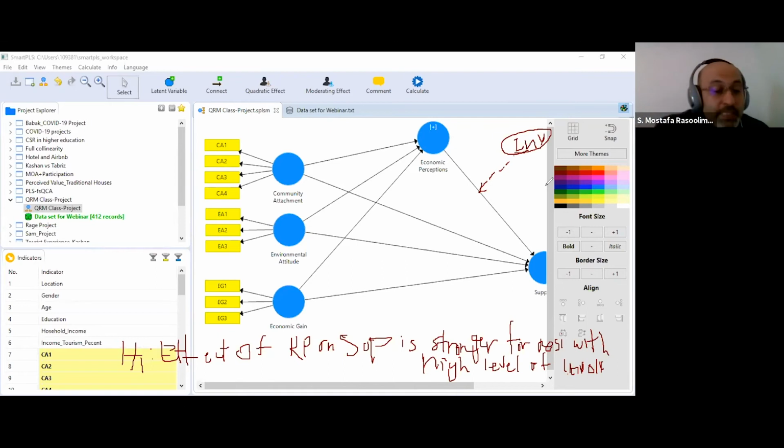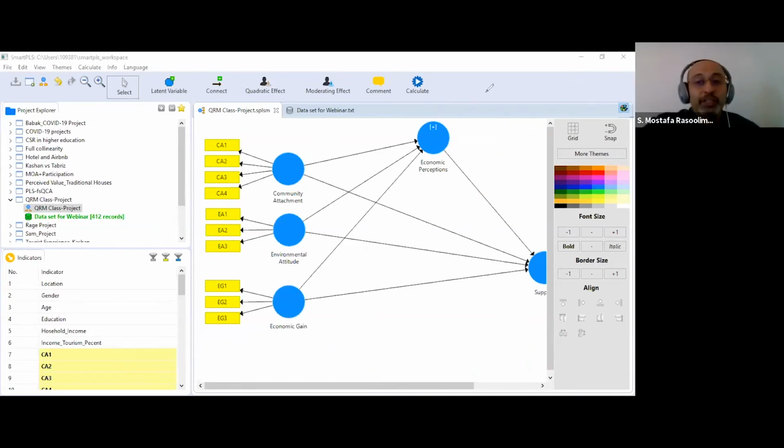Again, positively means effect of perception on support is stronger for high level of moderator, for people with high level of involvement. Right? Okay, so this is the moderation hypothesis. We want to test this moderation hypothesis.